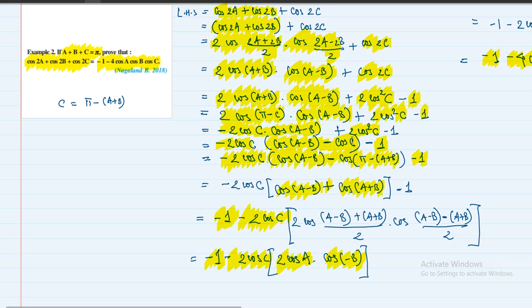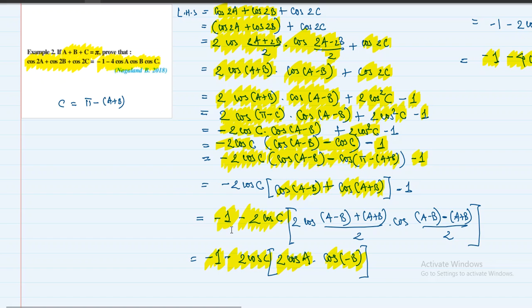First we'll express this c in terms of a and b, that is pi minus (a plus b). So minus of cos of pi minus (a plus b). So minus 2 cos c, bracket, cos of (a minus b) plus cos of (a plus b), because cos of pi minus (a plus b) is minus of cos of (a plus b), and minus minus becomes plus, so we get plus cos of (a plus b) here.